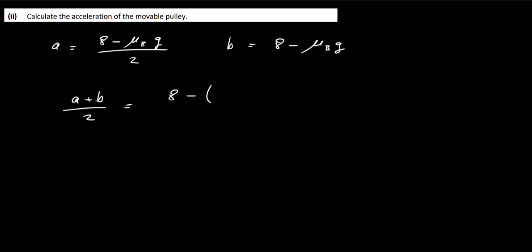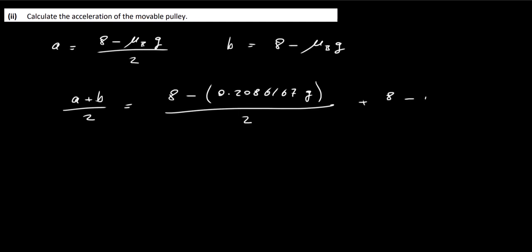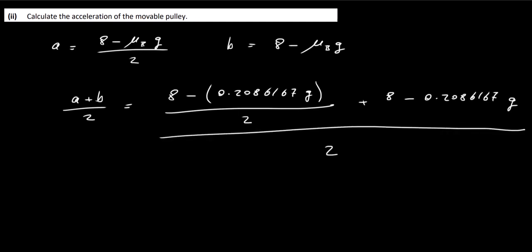it depends on how many decimal places you used in the previous question, but let's say it's 0.2086167 G. I've used too many decimal places there probably, but let's do that over 2, and then it's plus 8 minus 0.2086167 times G, and all of that is over 2.